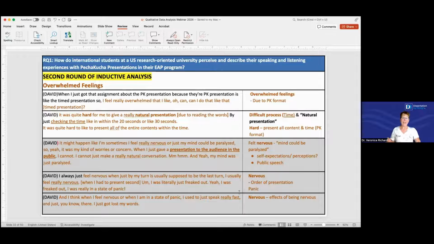That is where I'm at this nuance of understanding still. So I'm at a deductive phase when I start putting things in, because I'm like, okay, what data are about overwhelmed feelings? The overwhelmed feelings came from my inductive analysis, but now I'm functioning at a deductive analysis. I don't know if that is a little confusing. Let me know, we can talk about it.